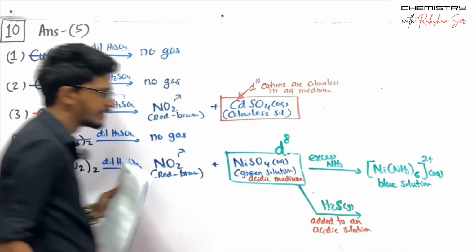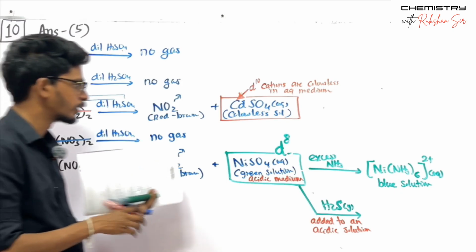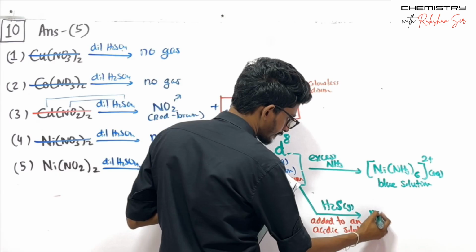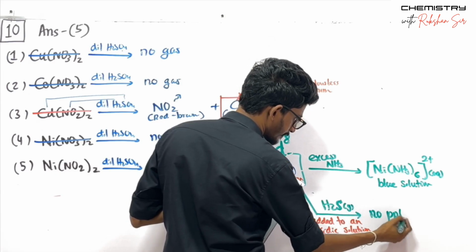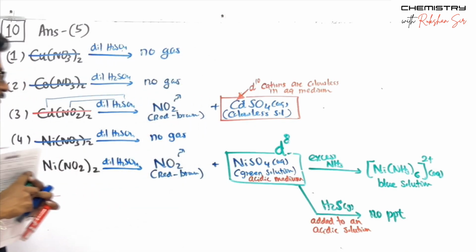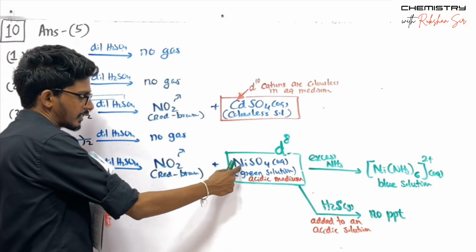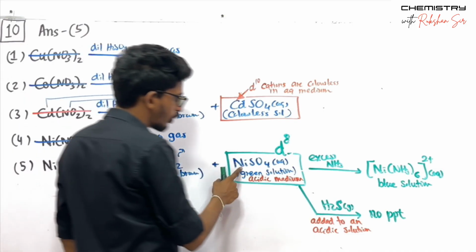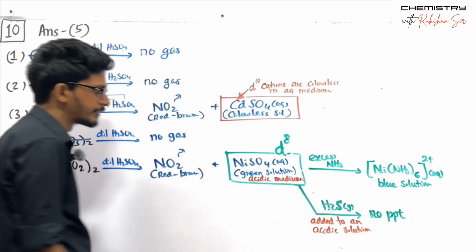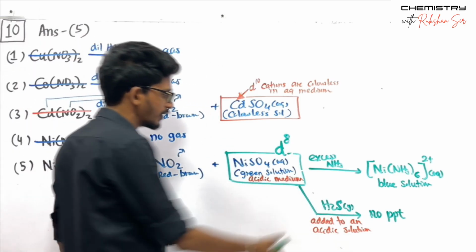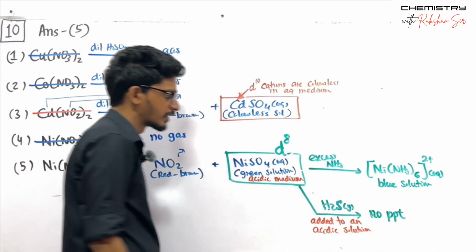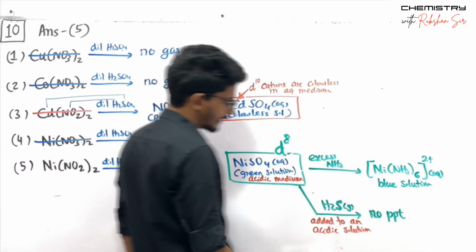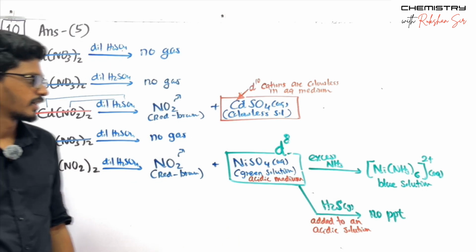In acidic solutions, nickel 2 plus cations won't precipitate as sulfides, as nickel is a group 4 cation. Group 4 cations in group analysis won't precipitate in acidic medium. It needs a basic medium with H2S to precipitate. So no precipitate from group 4 cations in acidic medium.